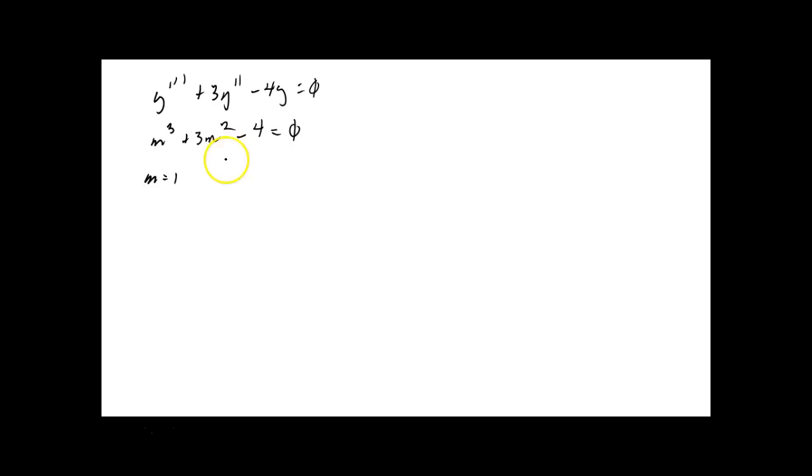Okay, here's what you do. You put that solution, 1, outside the box. Inside the box, you put the coefficients of your polynomial equation, which would be 1, 3, 0, minus 4.